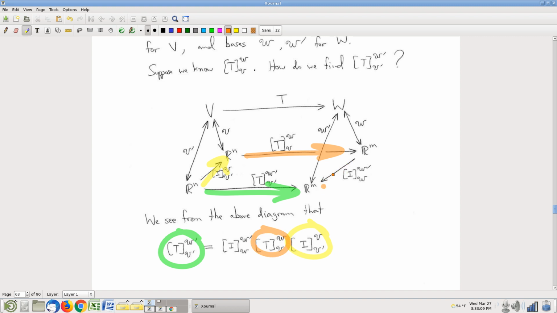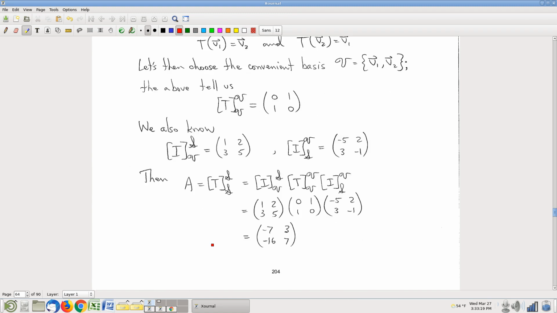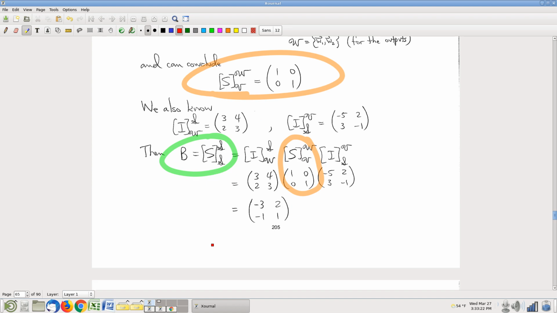Just like we talked about a few minutes ago. And that's what we have here. Change of basis matrix from W to S is how we end it. Change of basis matrix from S to V is how we start it. We have formulas for how to write down change of basis matrices.